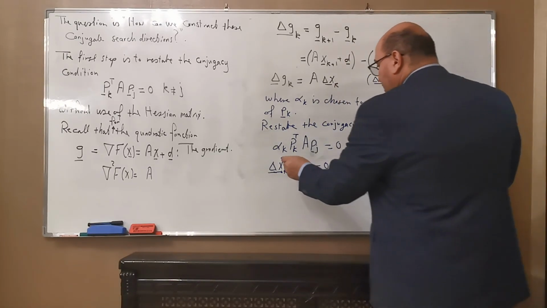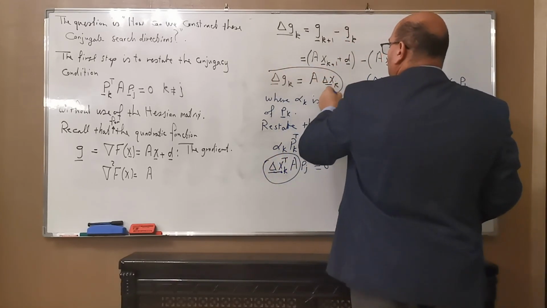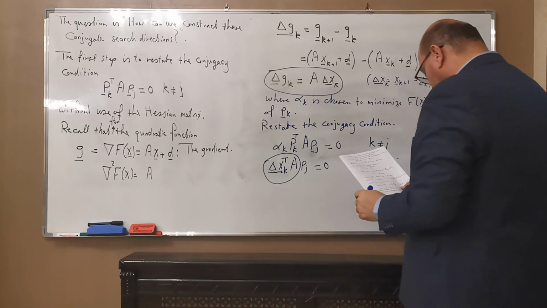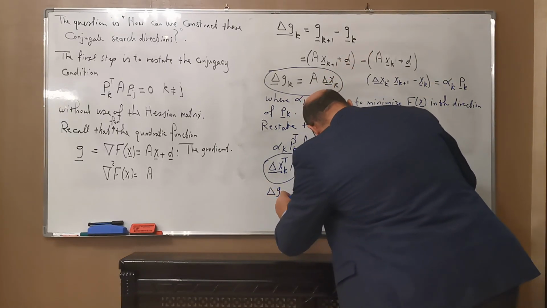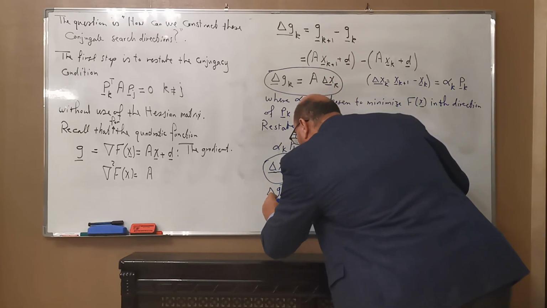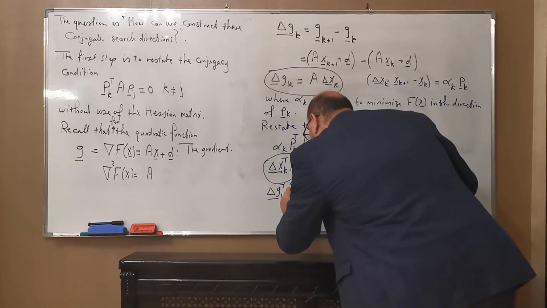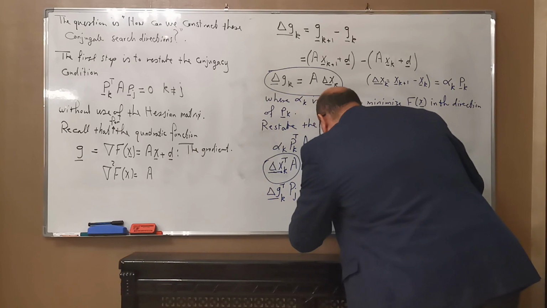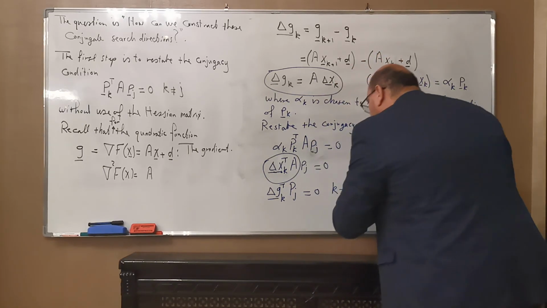Now, if you replace this by delta g sub k, you will have delta g sub k transpose times p j equals 0 for k not equal to j.